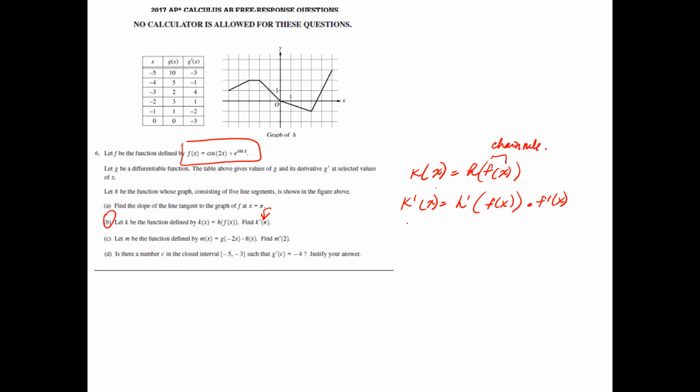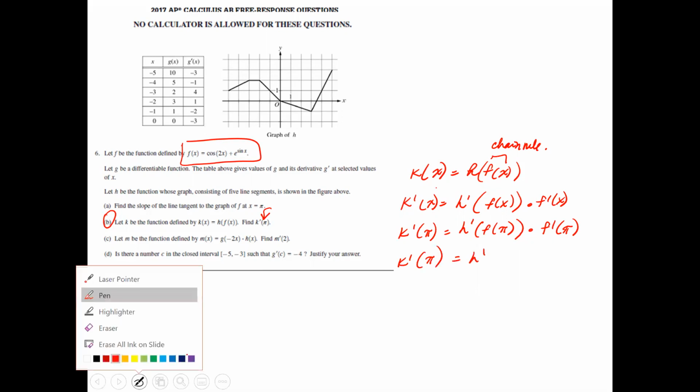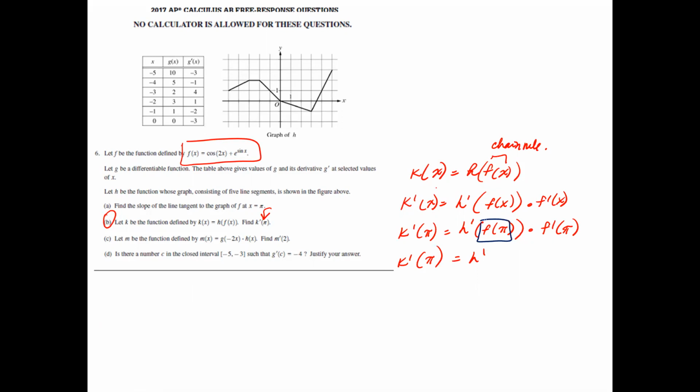Okay, so looking at this part right here, let's go ahead and plug in x for pi. So then I have h prime of f of pi times f prime of pi. Keep going with this and let's keep simplifying. If you look at f of pi, f of pi is going to give you the value of 2.